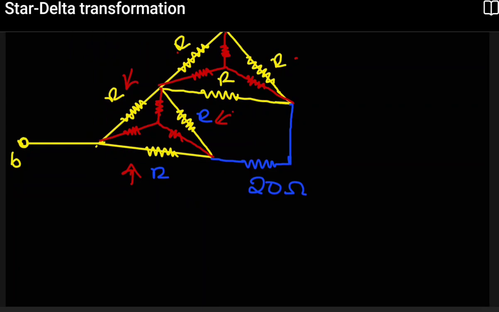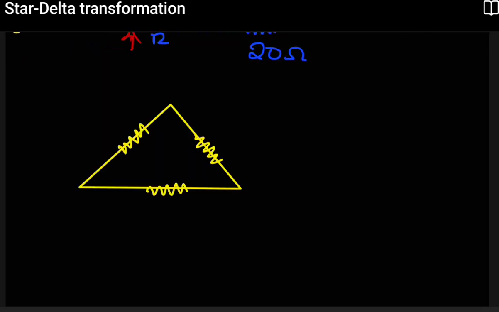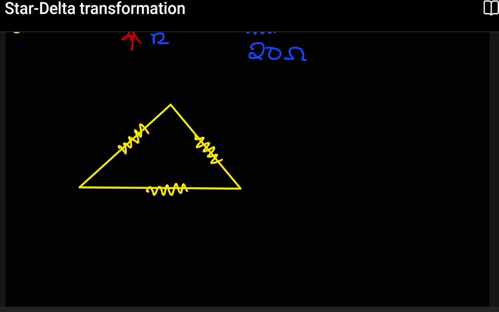So let's transform one delta. We have our delta here. Now again, it's up to you how you want to assign the values. All I want you to get is the trick on how you find them. We want this to become a star, or a Y. So we have this here and this here.